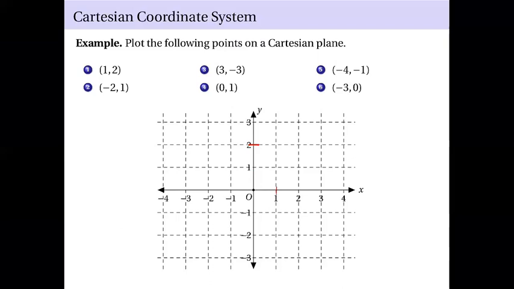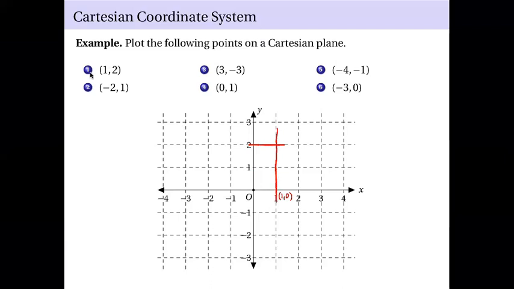Using the construction from earlier, we draw a vertical line passing through the point 1, comma 0. This is that vertical line.